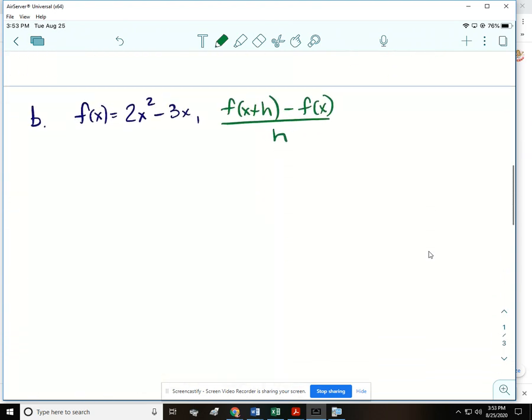Alright, to be consistent, I'm going to rewrite this in a different color, so just bear with me. I didn't change anything, I just changed the color.